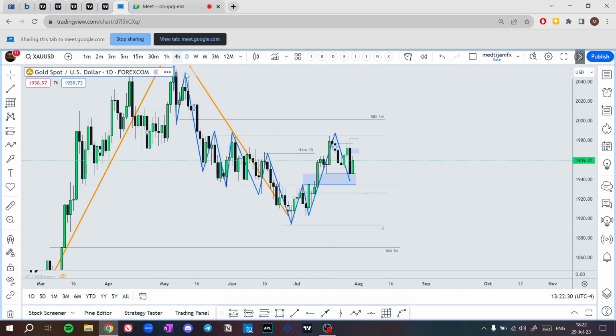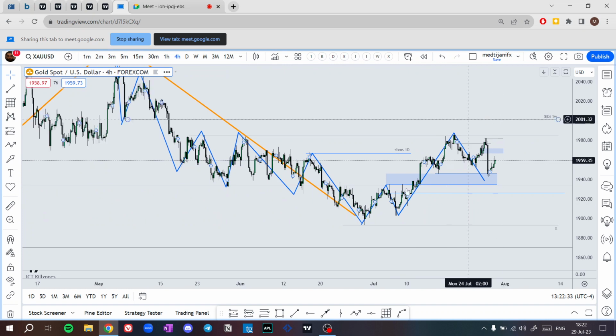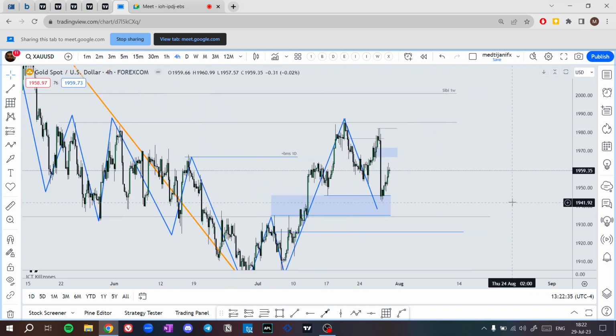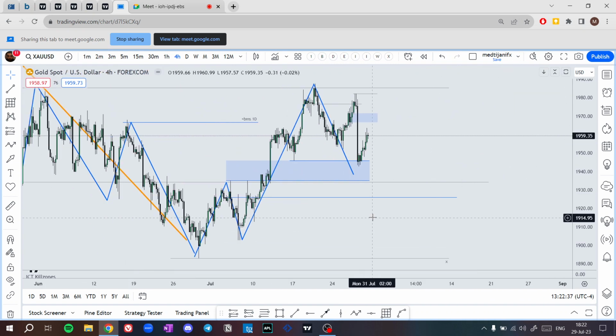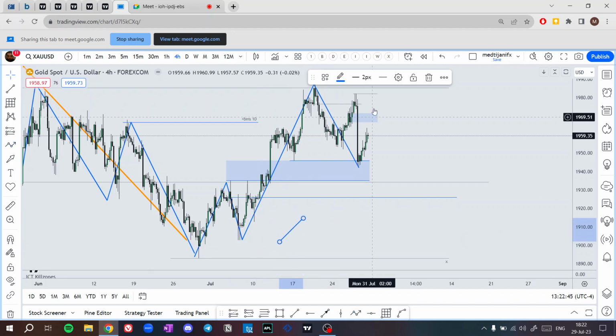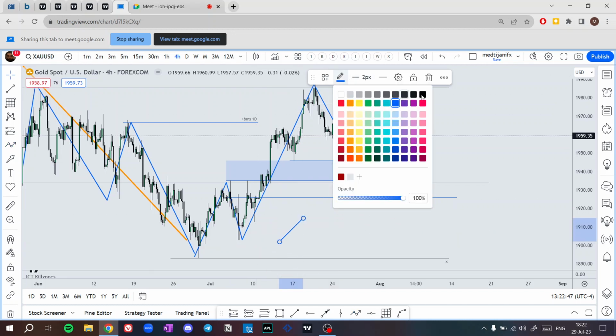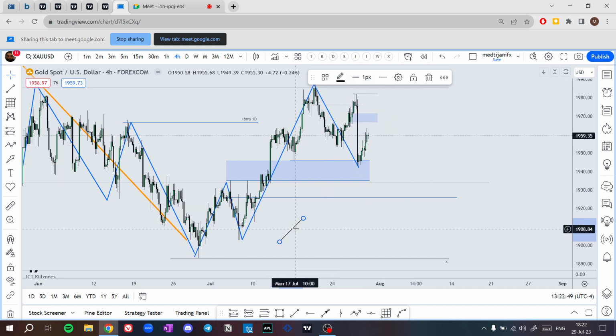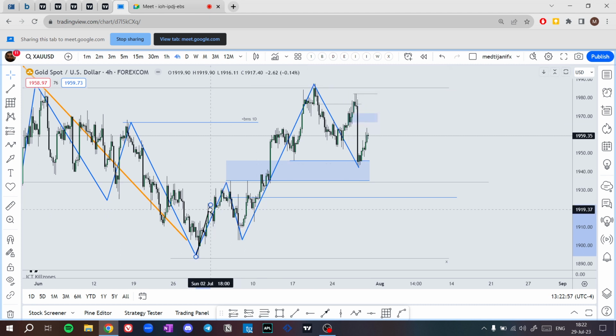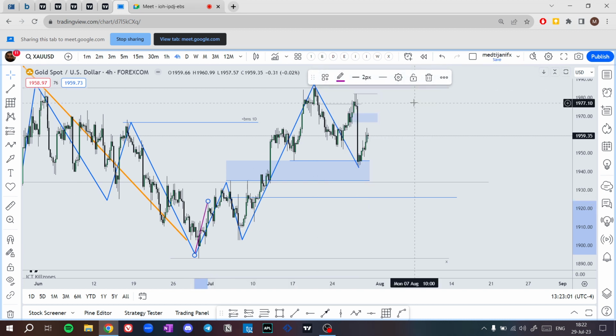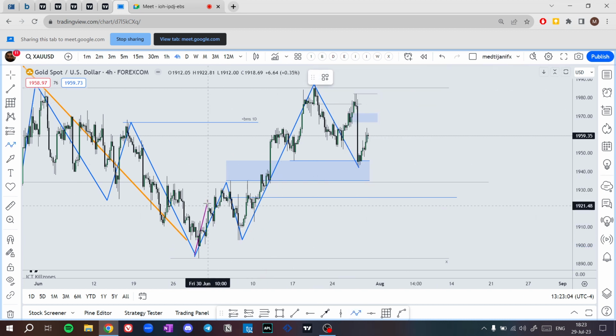If we go to the 4-hour time frame, inside this daily structure, we're going to have a 4-hour structure. Right now, this is what we have. If we use maybe a block as the 4-hour structure, maybe something like this, what we're going to see is this is the 4-hour.